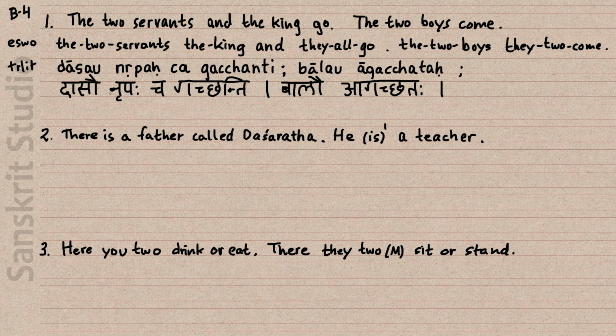Gotcha. Okay, so sentence number 2: there is a father called Dasharatha. He is a teacher. Now this one here is a little strange, perhaps you may think, but I did this in lesson 10. So I write this up. Lesson 10 is the lesson about nominal sentences, and we had some examples there too.